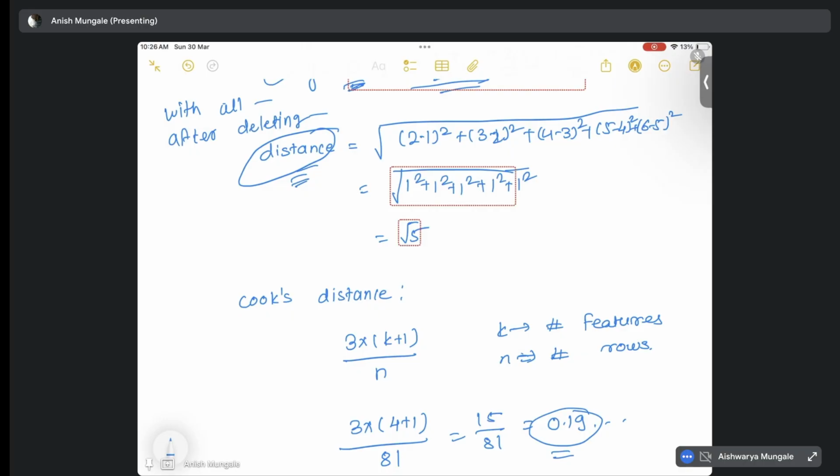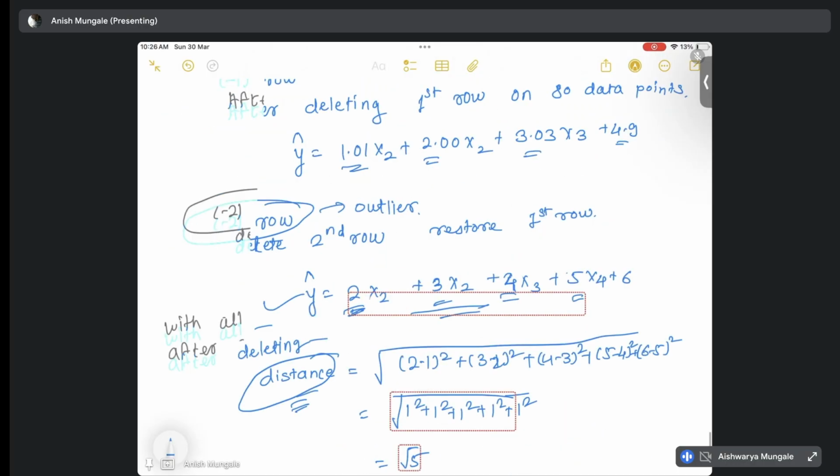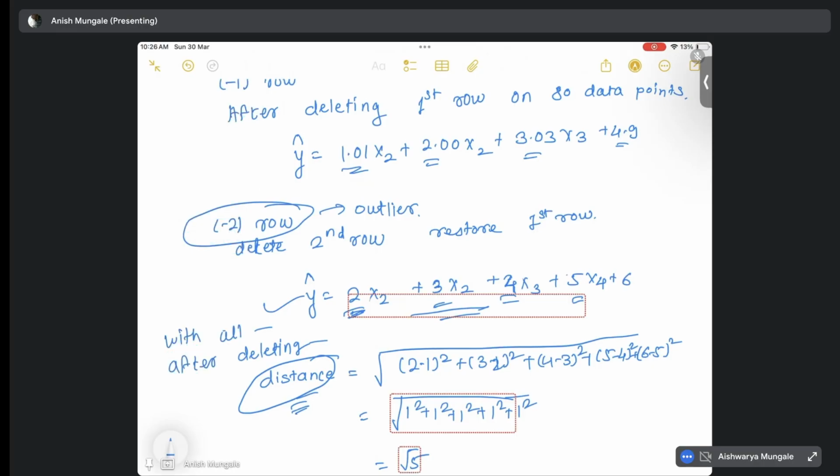I know it's quite intense. So let's say you have four features. If you have four features, you will have four parameters like this, plus beta.